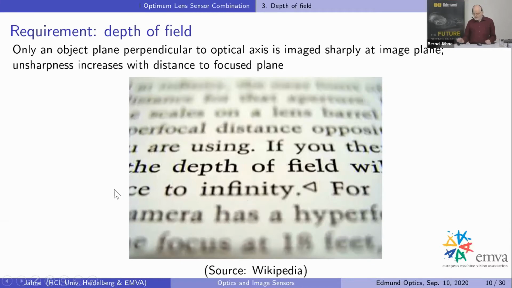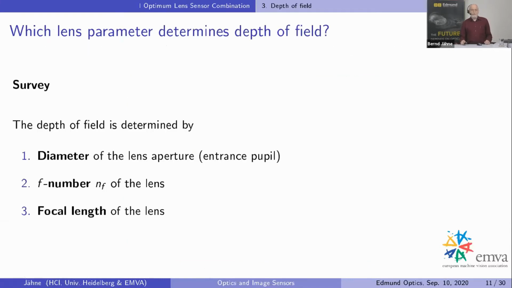And again, we have the interesting question, what determines actually the depth of field? Because you want to know, does the optical setup camera plus lens really cover the depth of field you need for your application? And so I am asking the question again, on what does the depth of field depend?